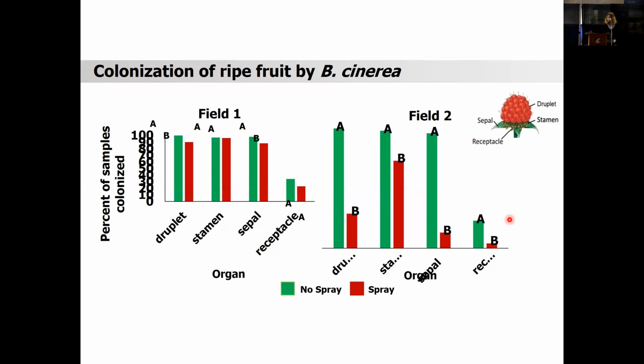We also noticed on ripe fruit that, so far, I was talking about colonization incidence. So we just counted how many fruit from the total sample had fungus on them. But we also noticed that the amount of fungus differed significantly between sprayed and non-sprayed fields.